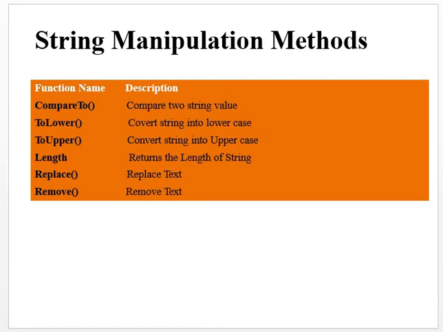For example, if you provide the string ABC, then its length is 3. Then Replace replaces text which you give as input, and Remove is used to remove text. So this is the fundamental of the string manipulation class, and these are the methods.